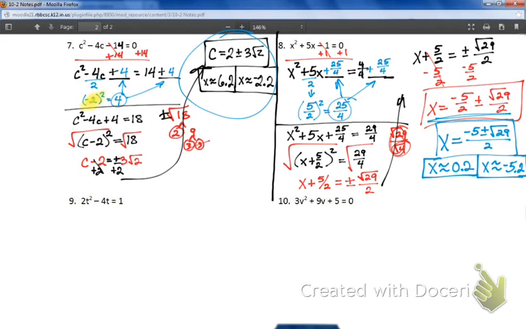The new thing about 9, and you can see this will be the same in 9, 10, 11, and 12, all 4 problems, and we're probably only going to do 2 of these 4. Because the only difference here in these last problems is that we've not done one where the first number, this a, was anything other than a 1. And there's a reason for that. You cannot do completing the square unless that first number is a 1.